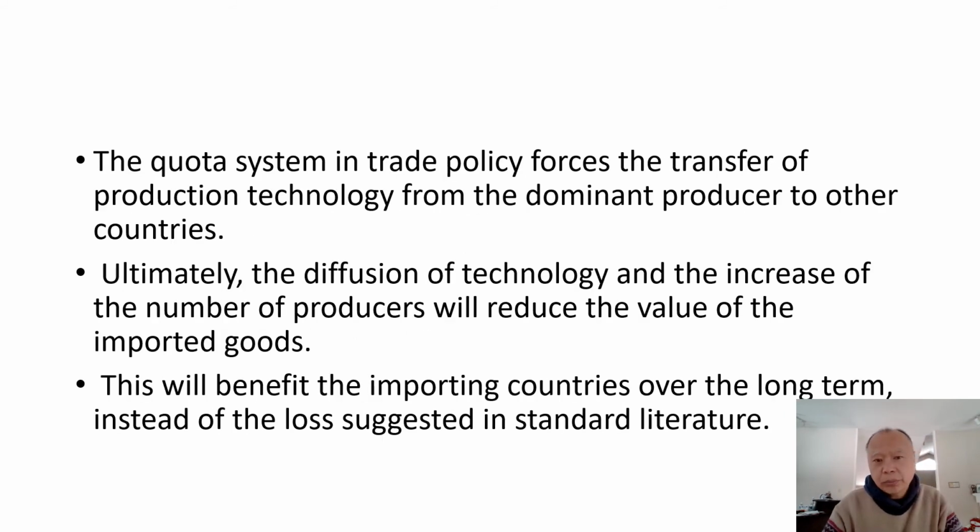The quota system in trade policy forces the transfer of production technology from the dominant producer to other countries. Ultimately, the diffusion of technology and increase of the number of producers will reduce the value of the imported goods. This will benefit the importing countries over the long term, instead of the loss suggested in standard literature.